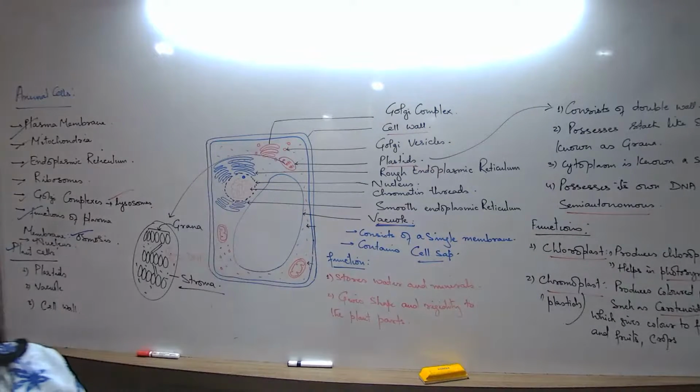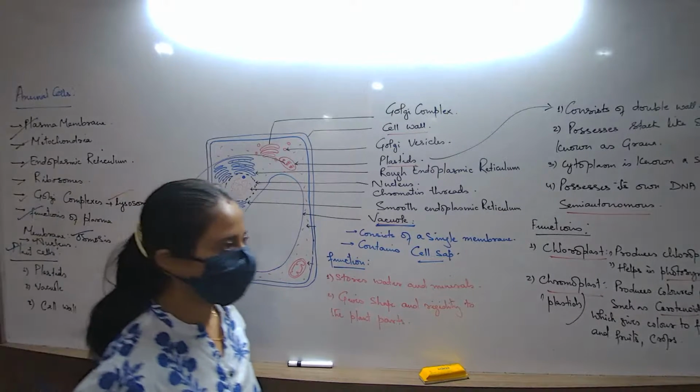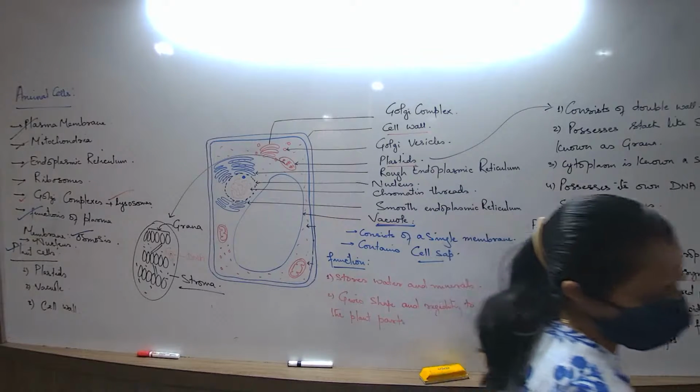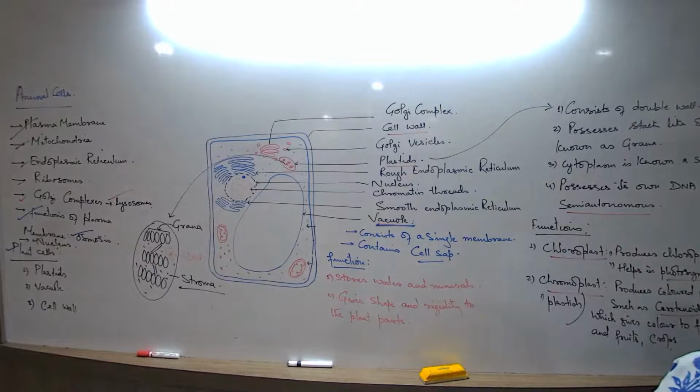The primary function of leucoplast is to store starch. Storing of starch, and oil droplets. अगर एक फंक्शन पूछा है तो storing starch.